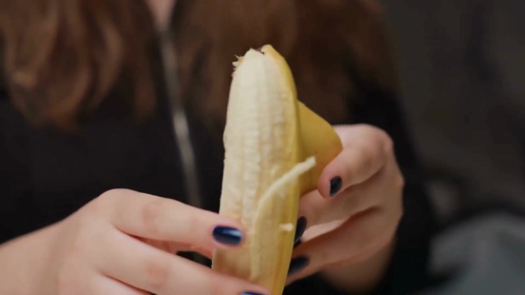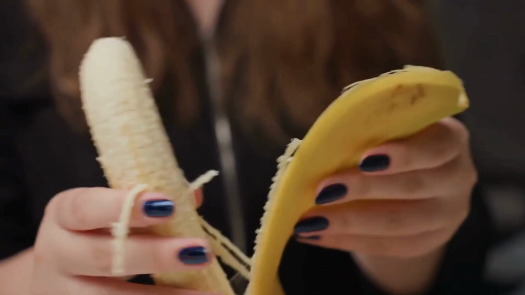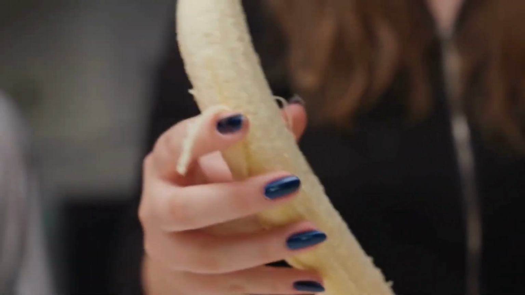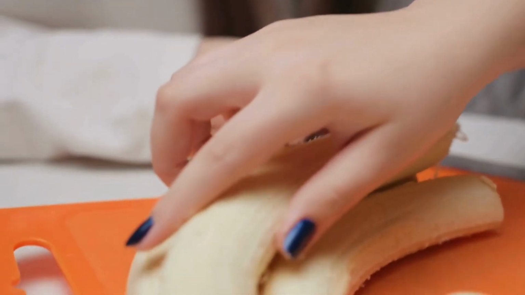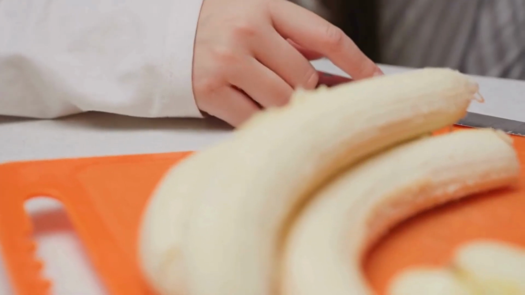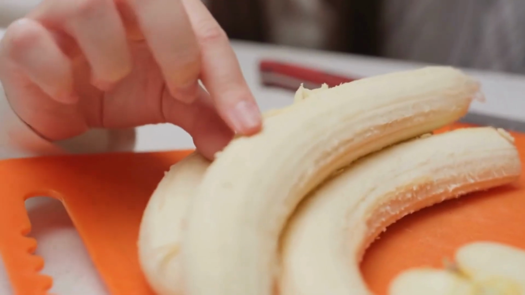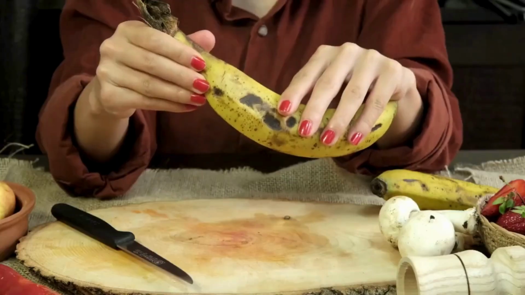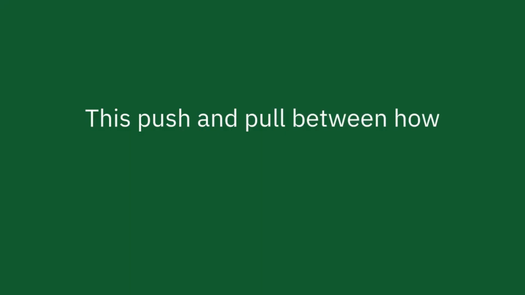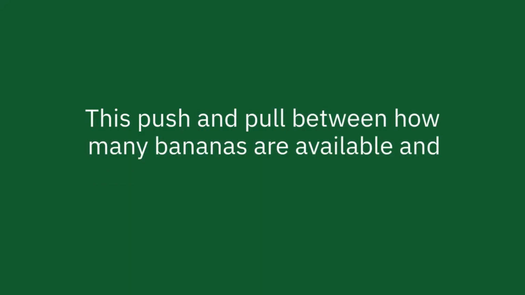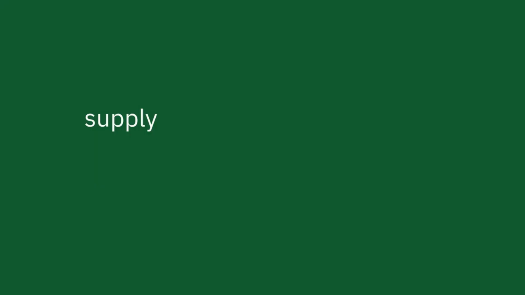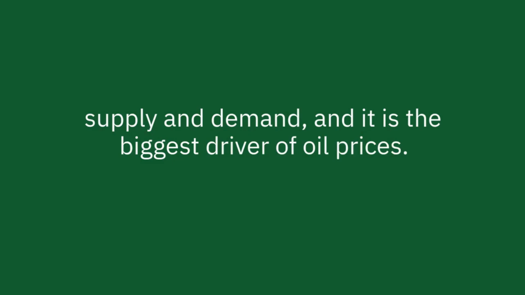On the flip side, if there is a huge banana harvest, maybe more than people can possibly eat, or suddenly everyone decides they prefer apples, the supply is high and demand is low. The price of bananas drops. This push and pull between how many bananas are available and how many people want them is supply and demand, and it is the biggest driver of oil prices.